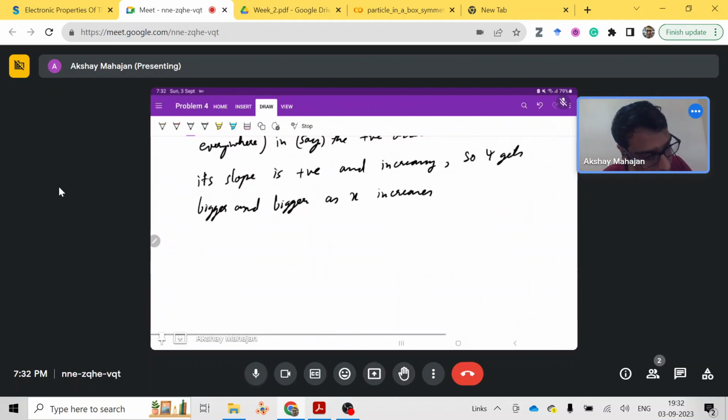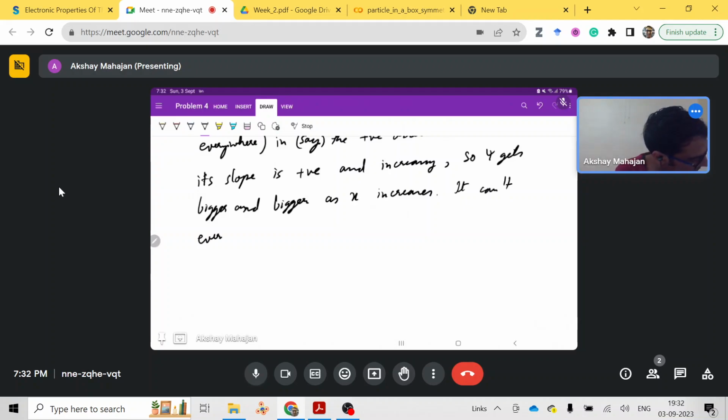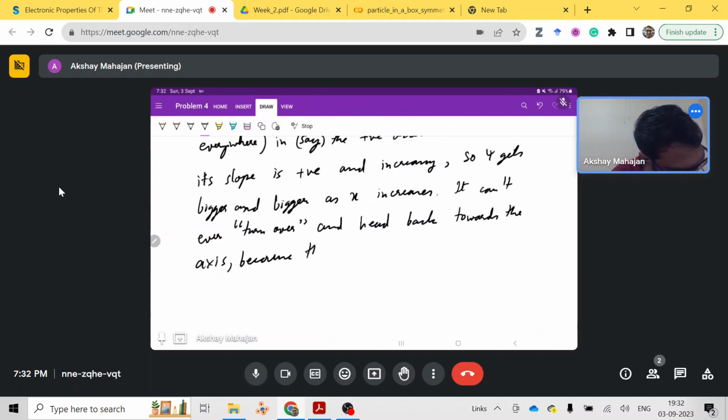Now it can't ever turn over and head back towards the axis, because that would require a negative second derivative, or let's say negative psi double prime.